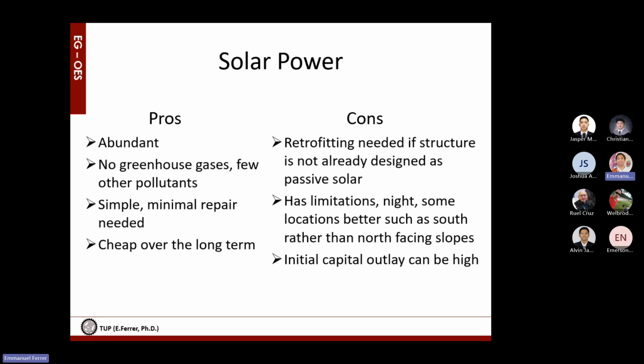Efficiency, yes. Sa ngayon, yung mga commercially available, mga nasa 25%. So, we are yet to see commercially available na nasa, let's say, 35%. Yung mga research, 30%. Wow.